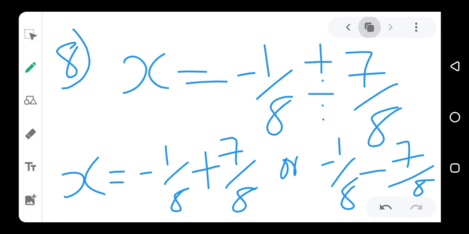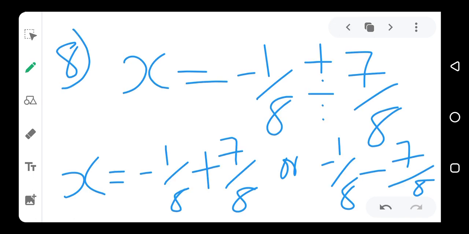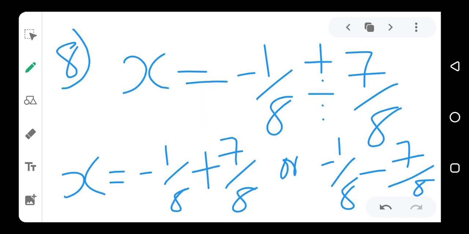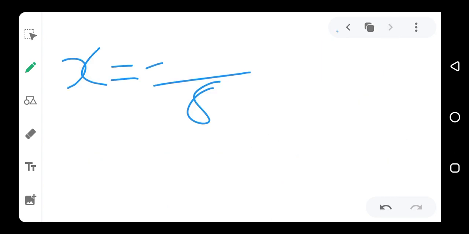So with this, x is equal to, the LCM for the denominators is 8. If you solve this, 8 divided by 8 is 1. 1 times minus 1 gives us minus 1.